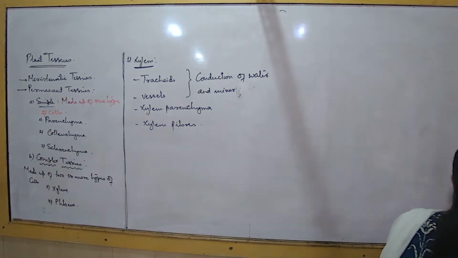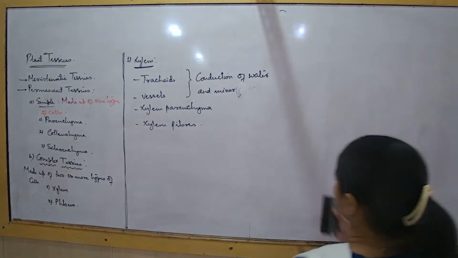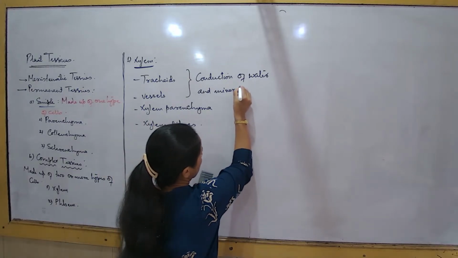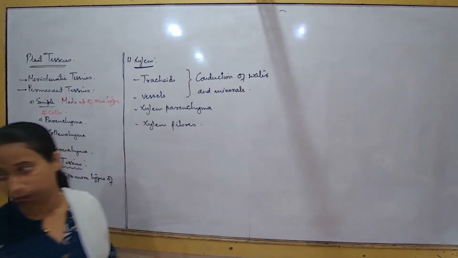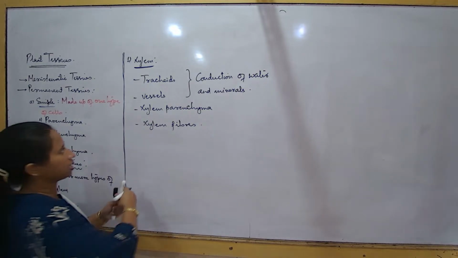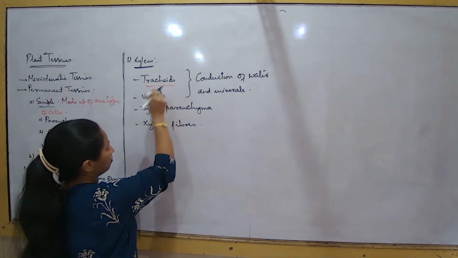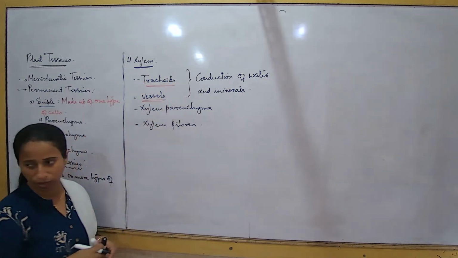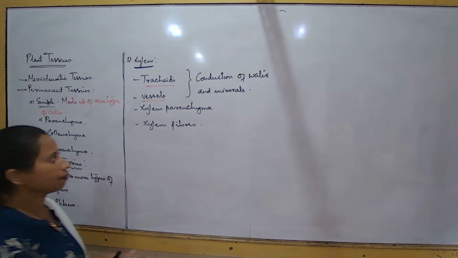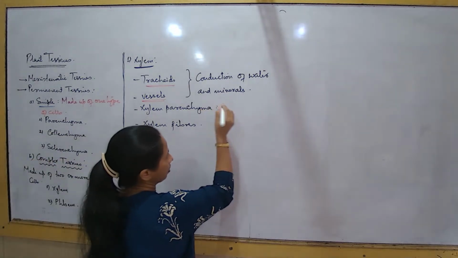Tracheids and vessels are basically meant for conduction of water and minerals. These are the main types of cells of the xylem, meant for the passage functions, the conduction functions. Next one, I talk about the parenchyma.